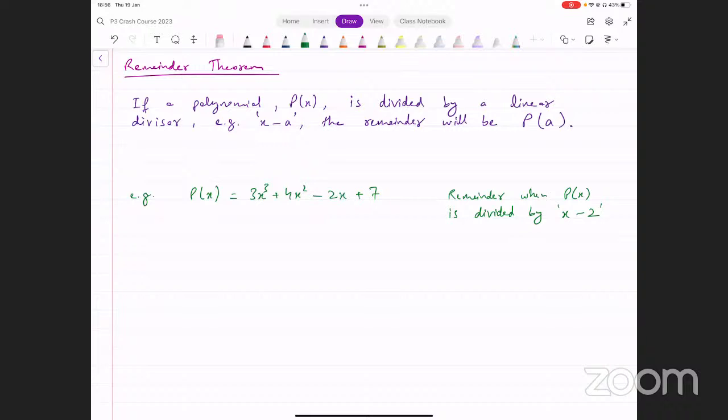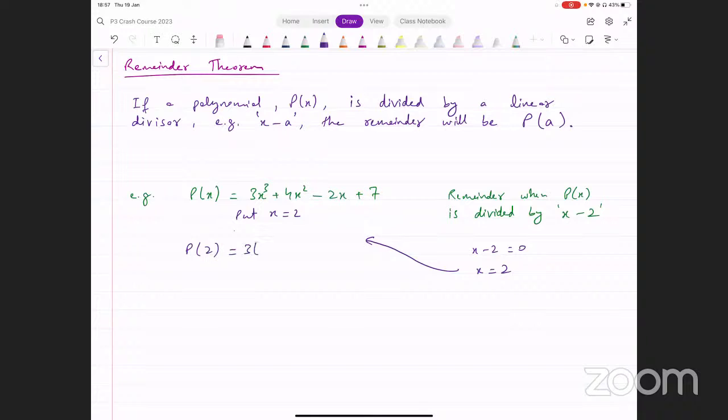Now, how do you use the remainder theorem? All you've got to do is put this divisor equal to 0. X minus 2 equal to 0. What value do we get from this? You get x equals 2. And now you put this value in this polynomial. Let's input x equals 2 here. So that's p of 2.